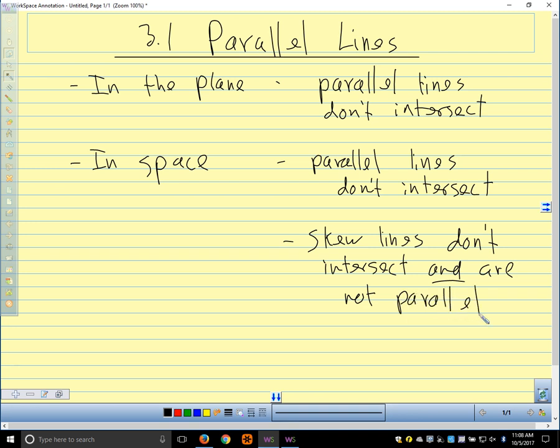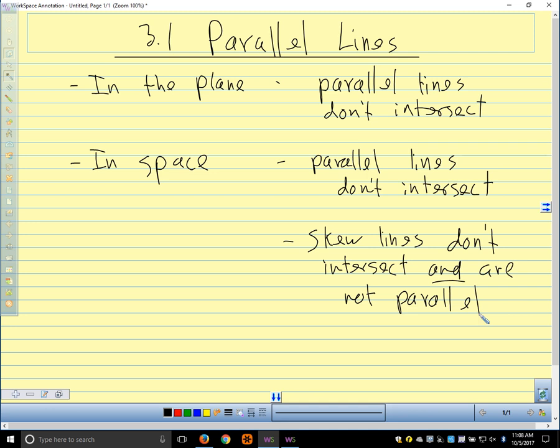So the way I think of skew lines is kind of like this. If we think of the upstairs C-wing hallway and the downstairs main hallway, those 2 hallways don't intersect, but they're also not parallel. They don't go in the same direction. So we call those kinds of lines skew lines.